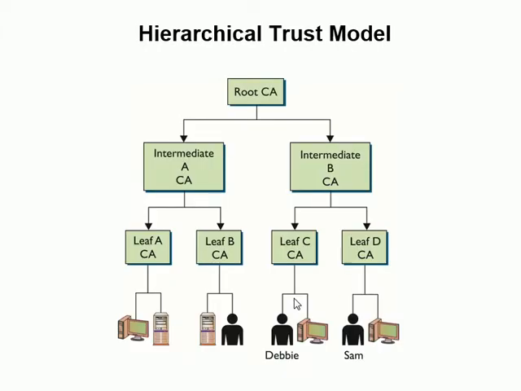In other words, I have a root CA, and intermediate A and B, which then have leaf A, B, C, and D. So leaf D trusts intermediate B, and intermediate B trusts the root CA. And then the root CA trusts intermediate A, and so forth. So the trust relationships here all go back to the root. The only way that leaf D can trust leaf A is through the root CA. They can't do that directly.